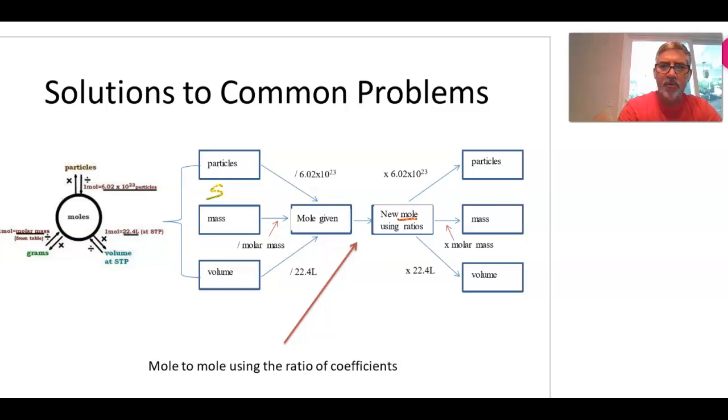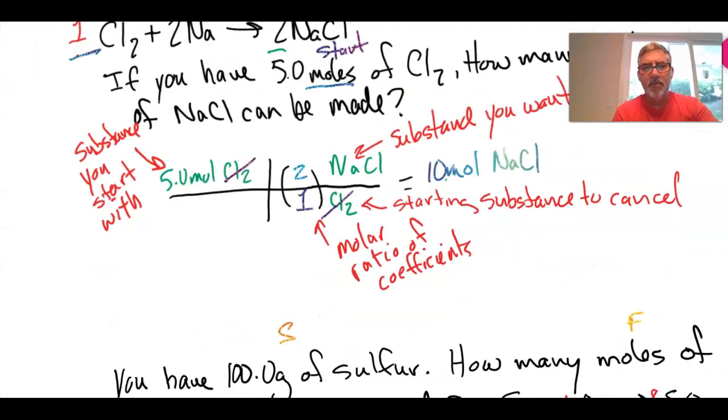And I want moles. So that's going to be my finish. So in order to do this problem, I need two equations. I need to go from mass to mole, and then mole to mole. So the number of arrows is the number of equations. If I was going to go from mass to mass, that'd be 1 arrow, 2 arrows, 3 arrows, I need 3 equations. So let's do that really quickly.